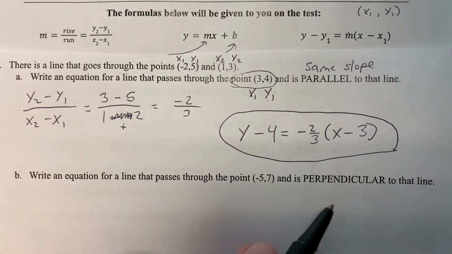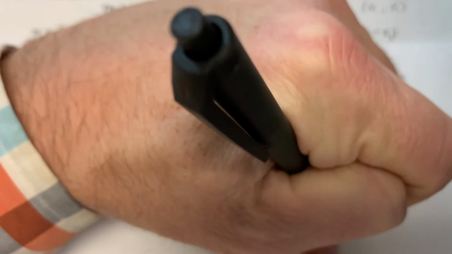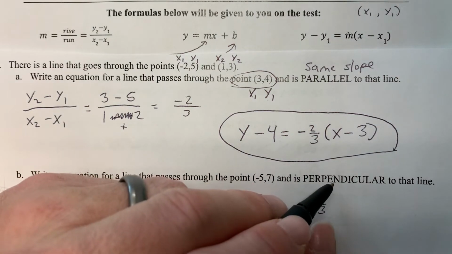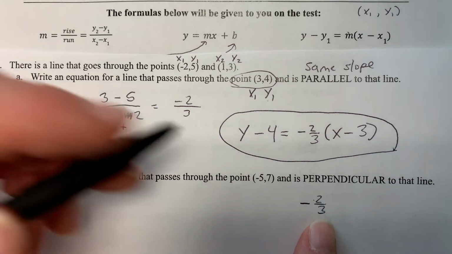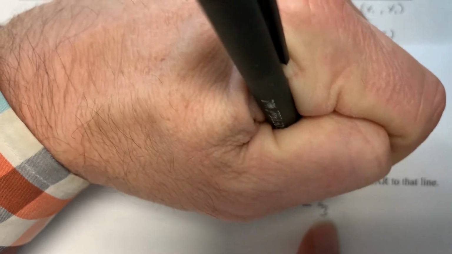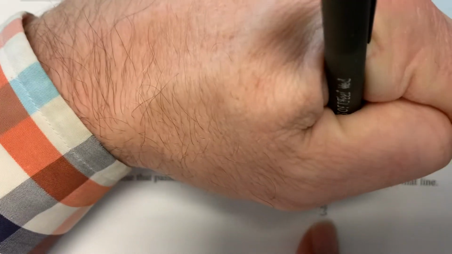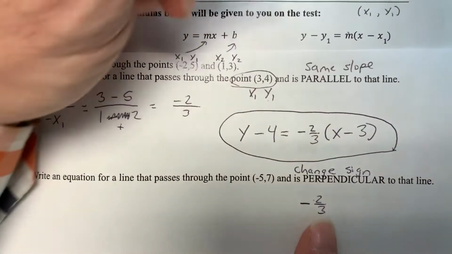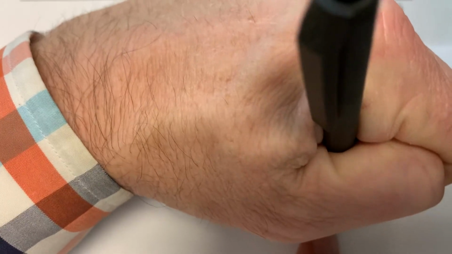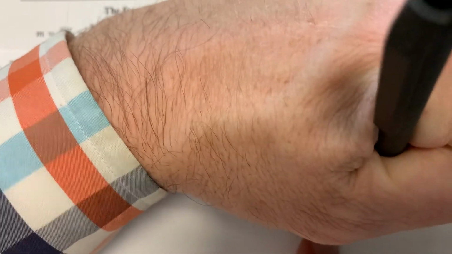So if we have a slope of -2/3, and we want it to be perpendicular to this one, there are 2 things you do to get a perpendicular slope, okay? So the first thing you do is you change the sign. And then the other thing you do to make something perpendicular is you flip the fraction.